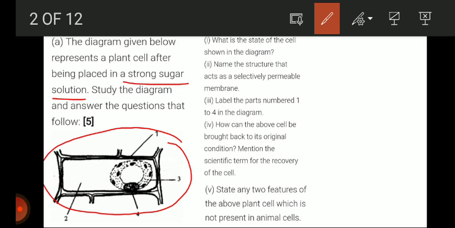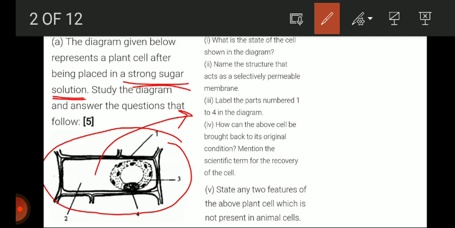Since it's a strong sugar solution, the concentration of water molecules will be less in that sugar solution. So from the cell, the water molecules will come out. So exosmosis will occur, right? And in this state, we call it a plasmolysed cell. So the state of the cell is plasmolysed.